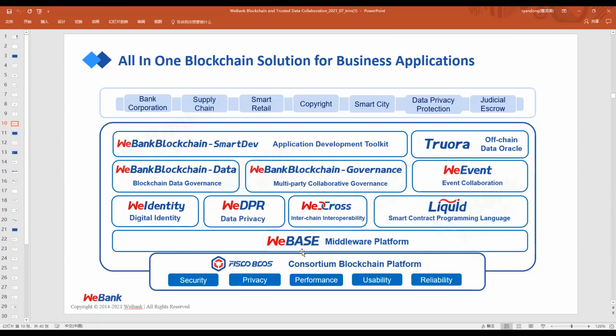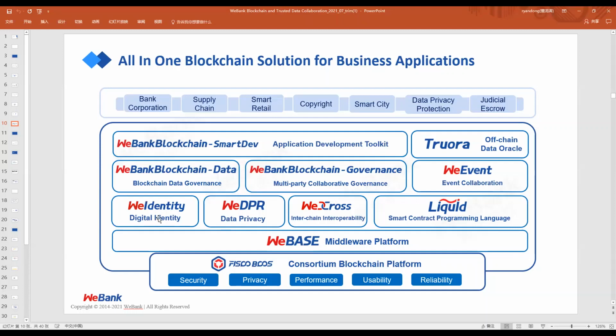Like I mentioned, VBase is the middleware platform, mainly a GUI, a graphic console to help you operate the blockchain. We also have V-identity, a decentralized digital identity. It allows different institutes to issue their own certificates that can be recognized by each other mutually.